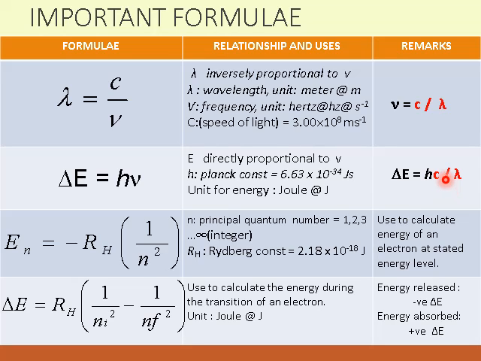In this case, c is the constant speed of light, and the value is 3 times 10 to the power of 8 meter per second. Based on here, you know that lambda is inversely proportional to frequency. Lambda means wavelength, and the unit must be meter. The unit of frequency is hertz or per second.